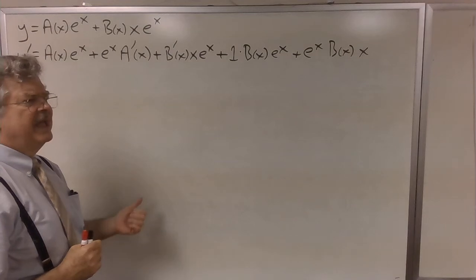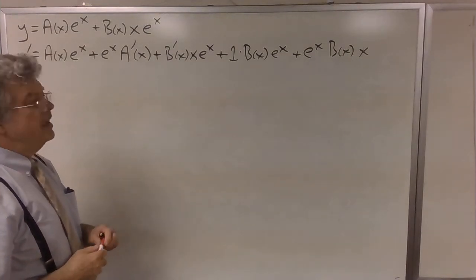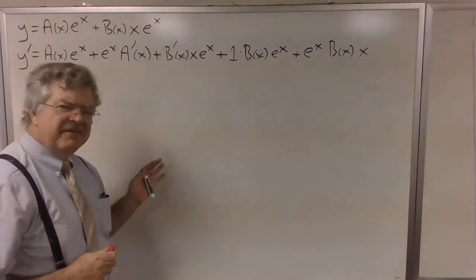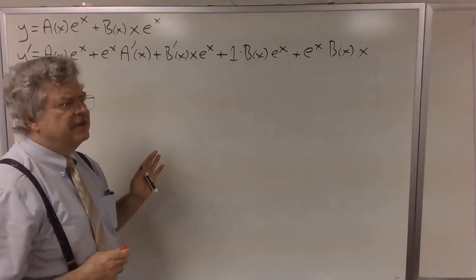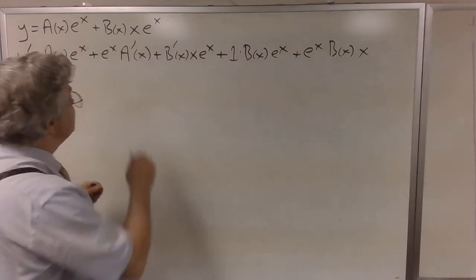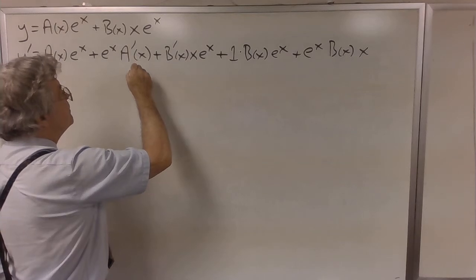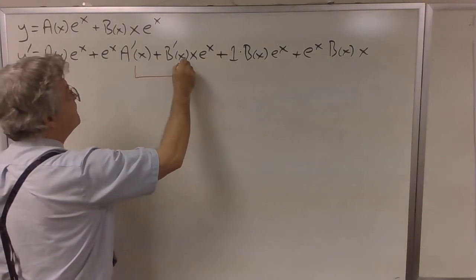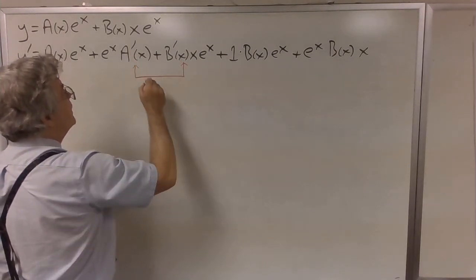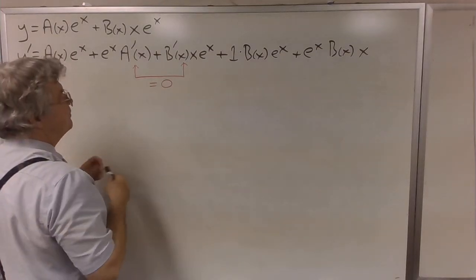We'll just have a, b, and a prime and b prime. And 95 to 98% of the time, this is the restriction that we're going to choose. We're going to take the two terms that have a prime and b prime in them and say that their sum equals 0.